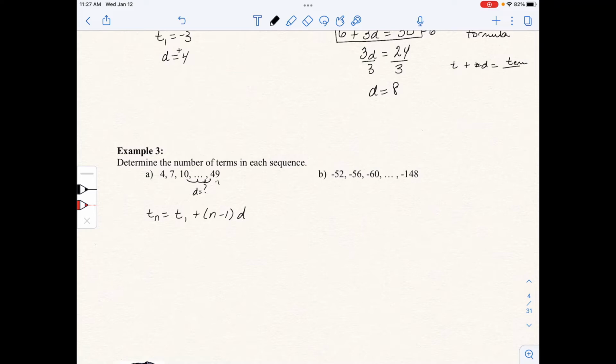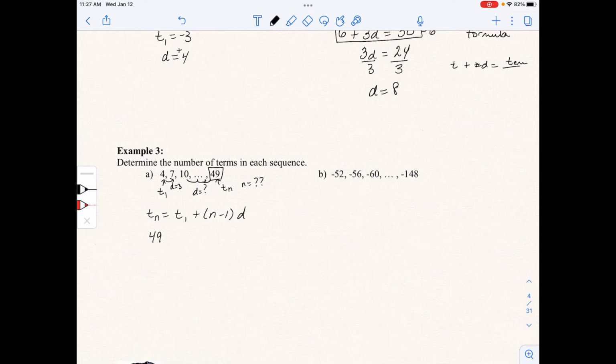And so this given term, some term number where we don't know what n is, equals 49. If we look, this is our first term. Our first term is 4, and our common difference here is 3. So we're just going to plug this in.